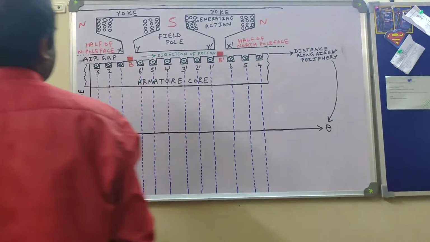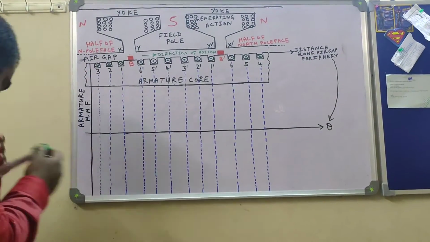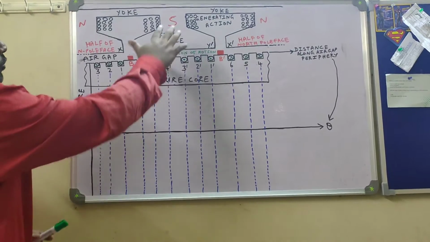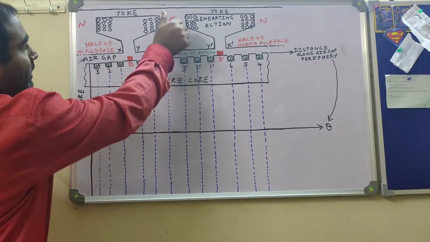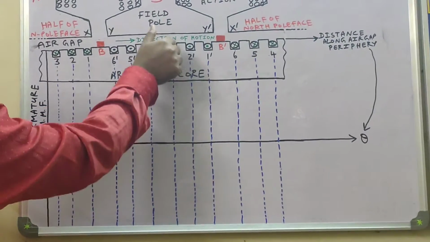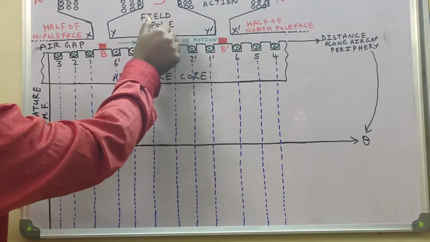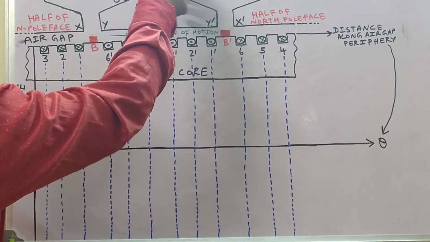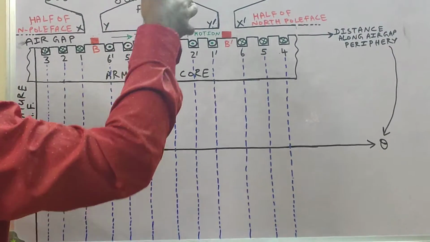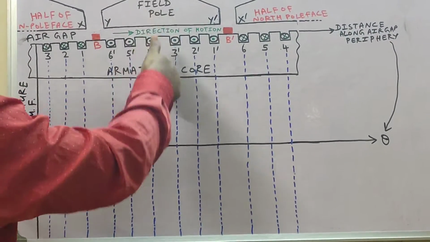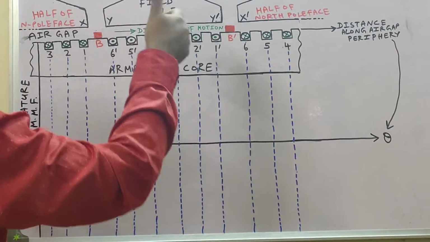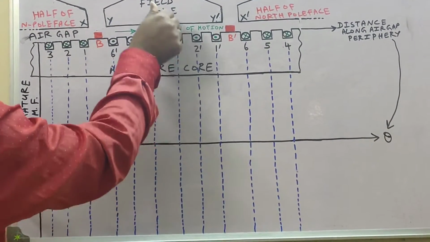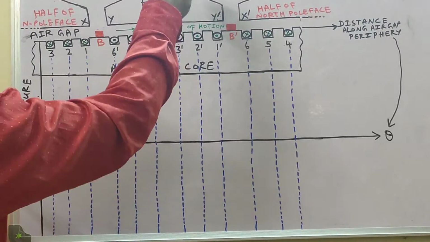As far as that cross and dot is concerned, you can easily find out. South pole means lines of flux will be entering into the south pole. So my thumb should point towards the south pole face. For that, this part should be cross and this part should be dot. Cross, dot. You see, south pole, lines of flux is entering the south pole face. So thumb is also pointing towards the south pole face. So for that, four fingers should enter.